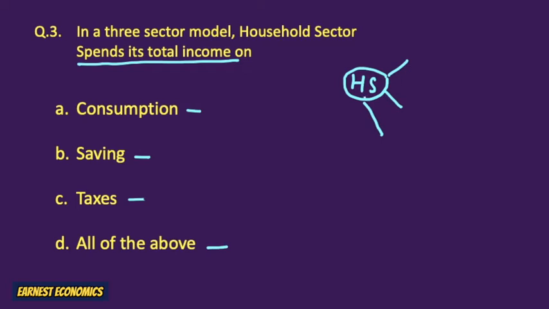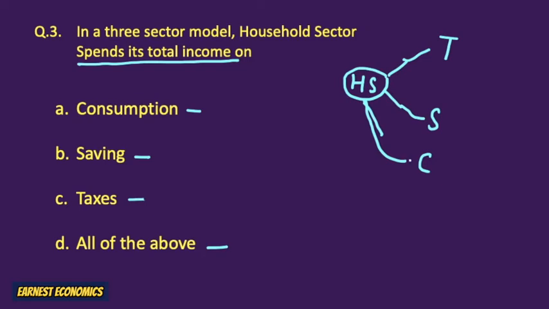Now, when the household sector receives its income, a part of it goes into consumption for purchase of goods and services from the product market. A part of it goes into savings, which are deposited with the capital market or banking sector, who in turn give that saving to the business sector where it is translated into investment. And finally, one part of the income goes into taxes.